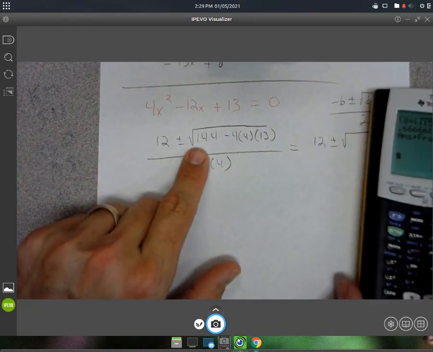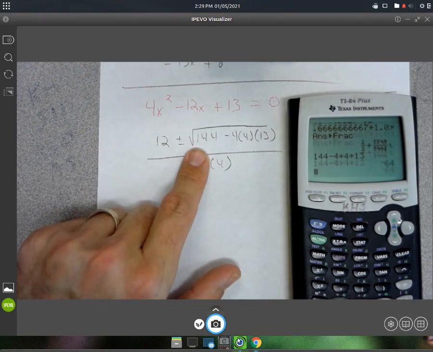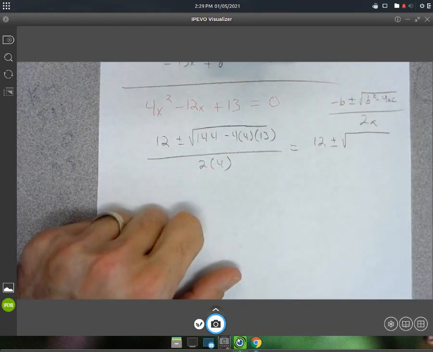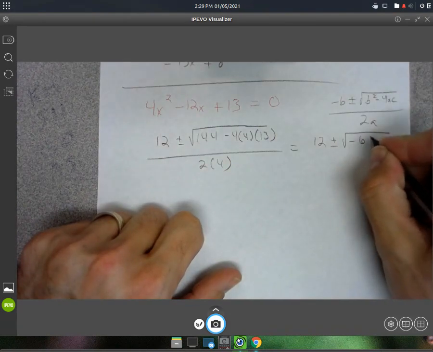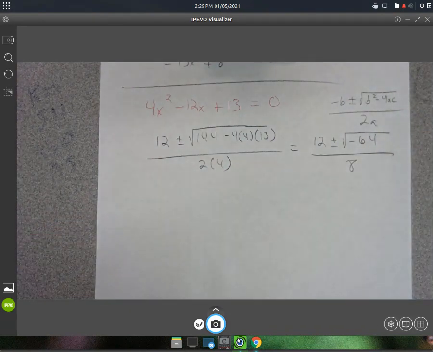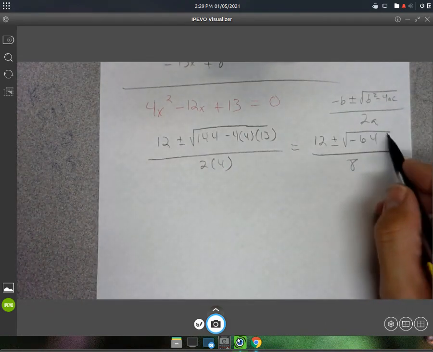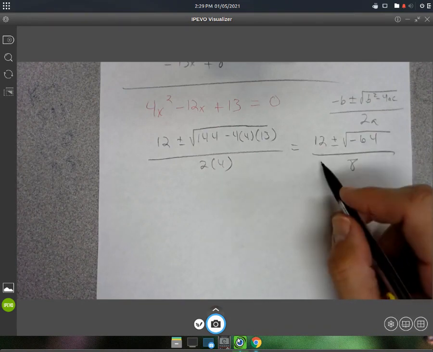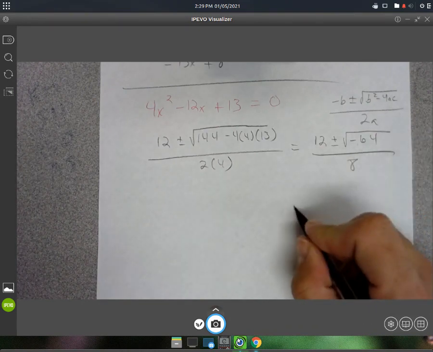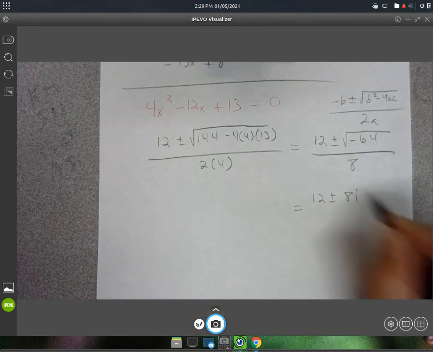Let's do this part. Calculator here. 144 minus 4 times 4 times 13. So we get negative 64, which is a perfect square. That's kind of nice. Square root of 64 is 8, but there's a negative there, so it's going to be plus or minus 8i.